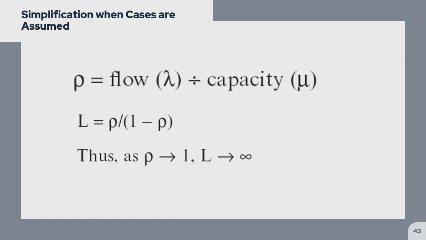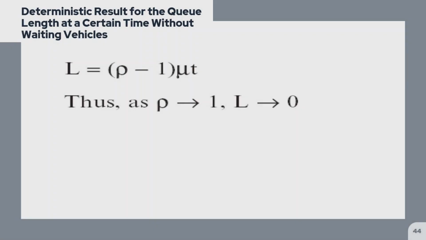The deterministic result for the queue length L after a time t, assuming no waiting vehicles, is shown in the following. At a busy junction, demand may frequently approach capacity and even exceed it for short periods.